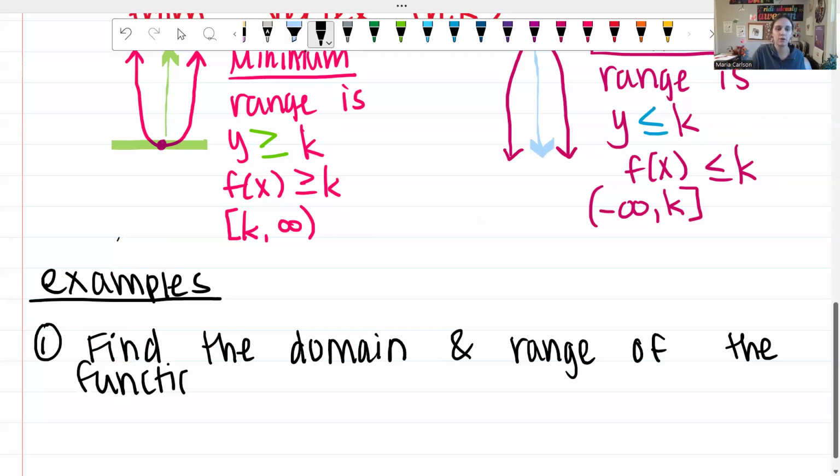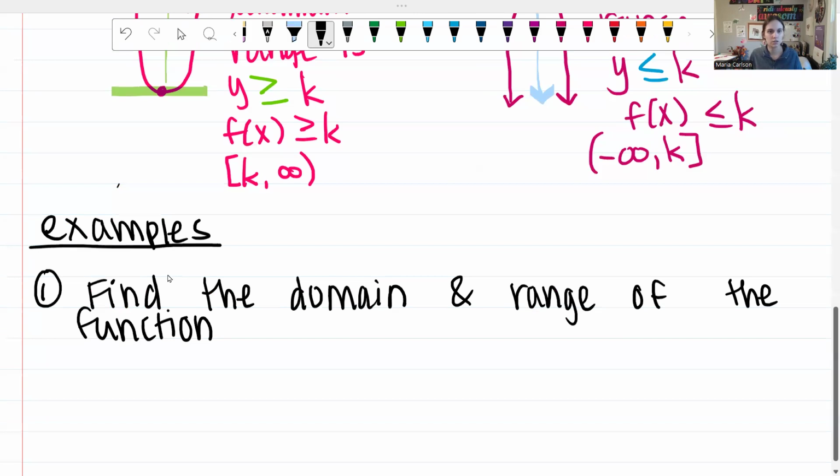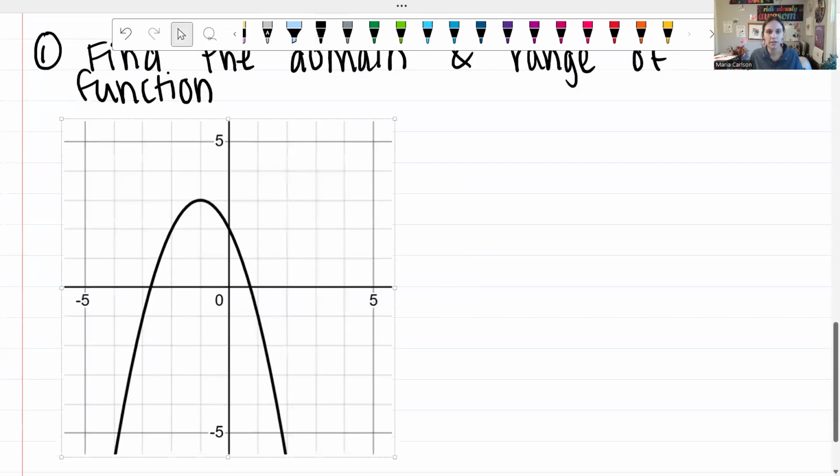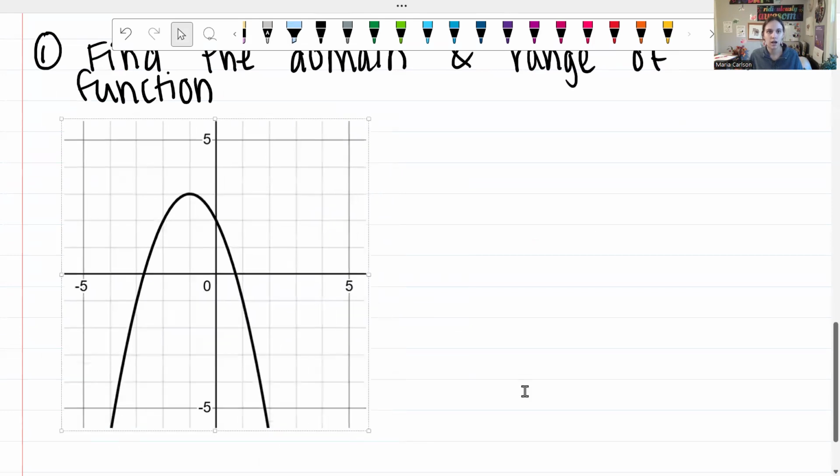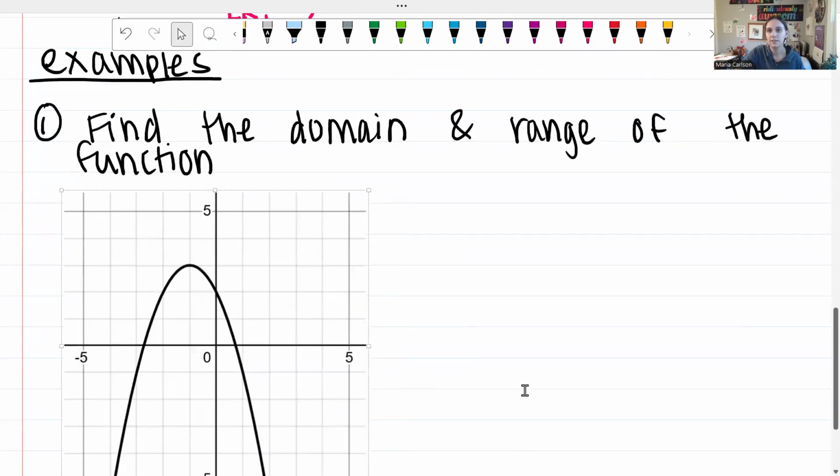You can either print it out or just draw the best sketch you can of it in your own notebook. So we want to find the domain and the range of this graph. I'm going to start with the domain. The domain, remember, that's all of our x values.